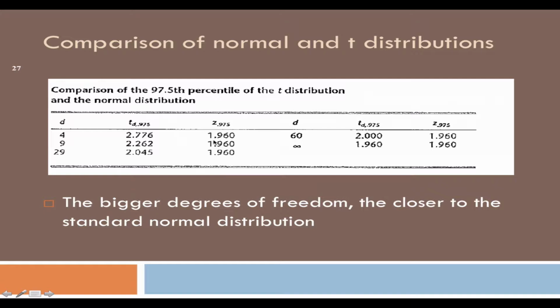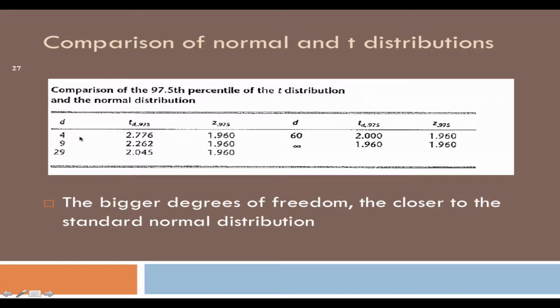So you can see this is z 0.975, which is 1.96. This is fixed because this is from the black solid curve. And then with different degrees of freedom of t, you can see this value ranges from 2.7 to 2.26 to 2.0.